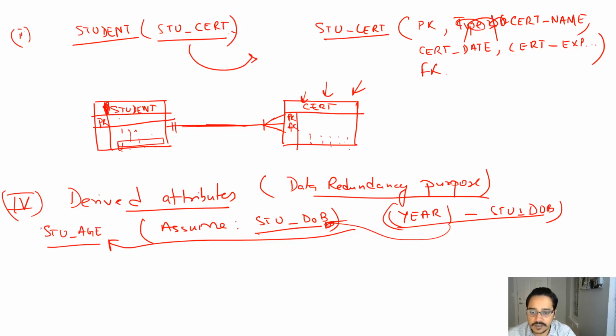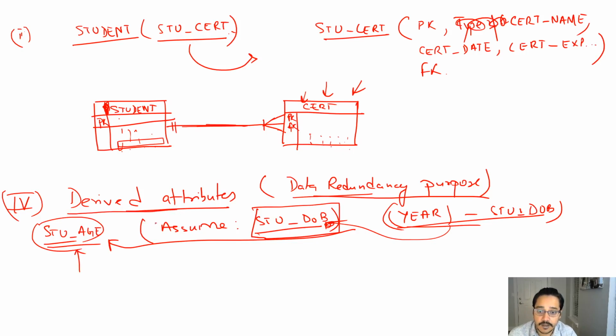So that means this attribute can be derived from another attribute which is present in the same table or in a different table, and then using some relational operations we can regenerate this value. So that means as per the definition of data redundancy within the database environment, all the derived attributes are actually redundant.